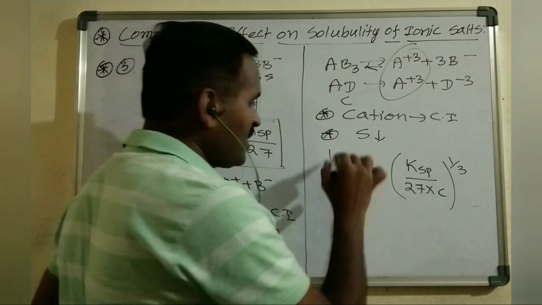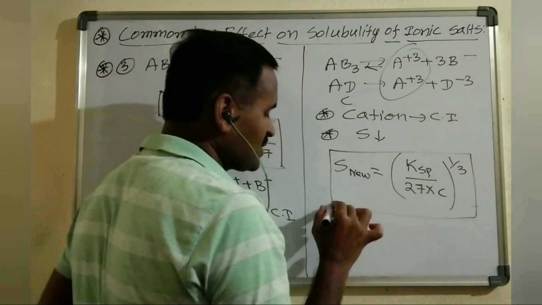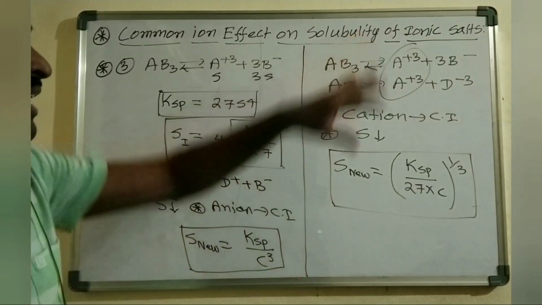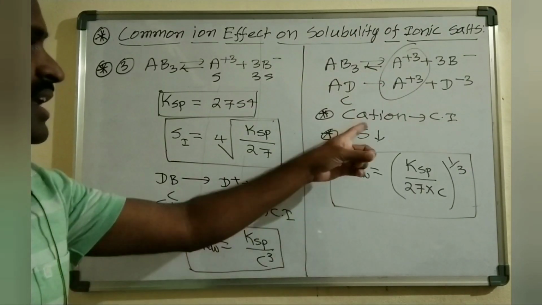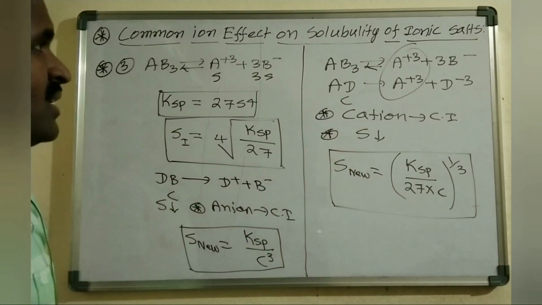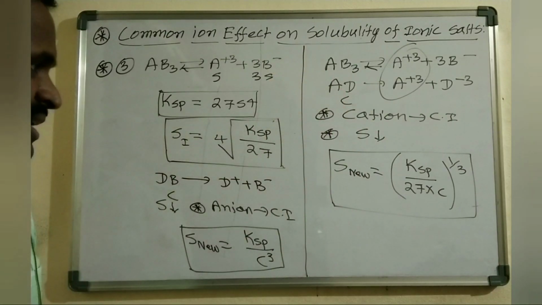So this is the formula that will be helpful to find the new solubility whenever a common ion containing ionic salt is added, particularly a cation common ion containing ionic salt added to the AB3 type of sparingly soluble salt.